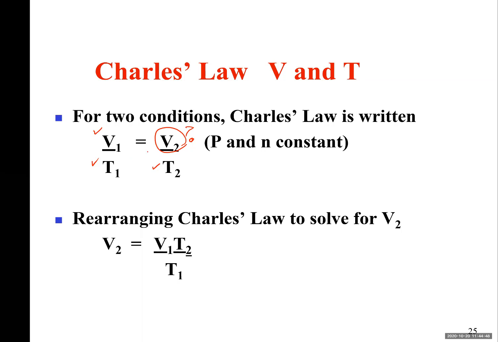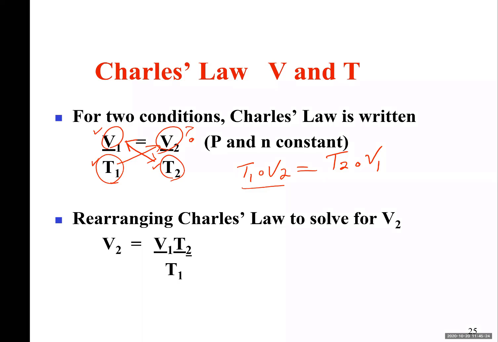Would you do cross multiplication? Would you say T1 times V2 is equal to T2 times V1? Simple cross multiplication. Yes, cross multiplication is the easiest way of solving this algebraic equation.